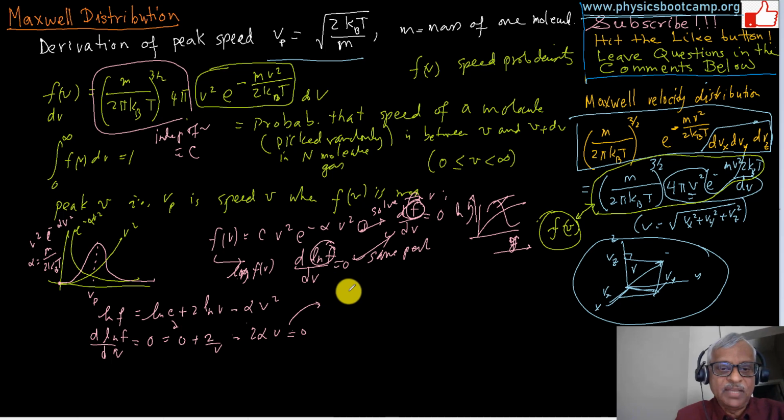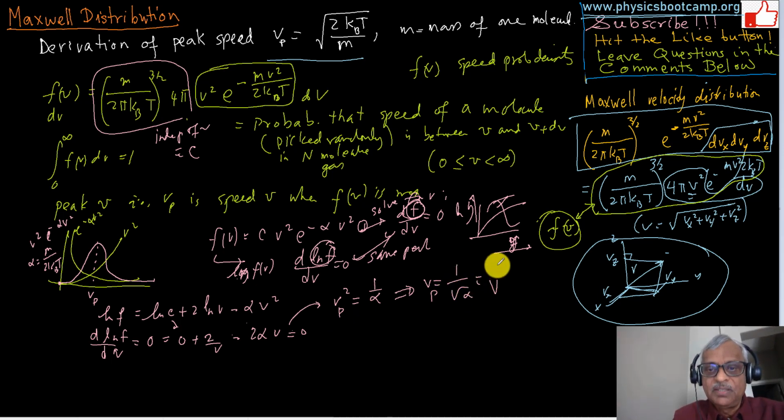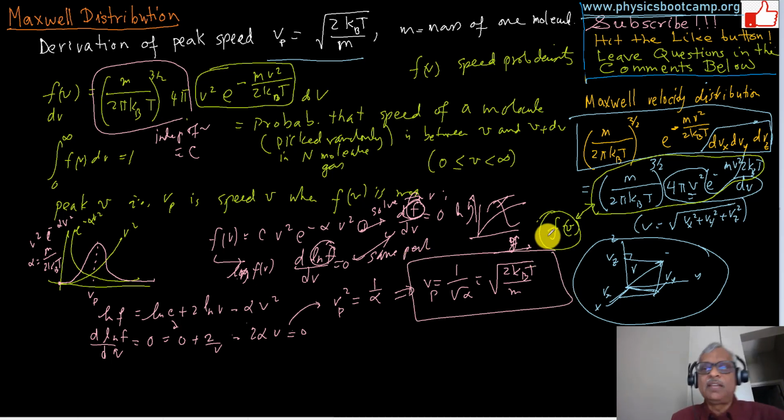To solve that, the 2 goes away, so v squared equals 1 over alpha, and v is positive, so v at the peak is 1 over the square root of alpha, which is the square root of 2 kB T over m. So that's the derivation.